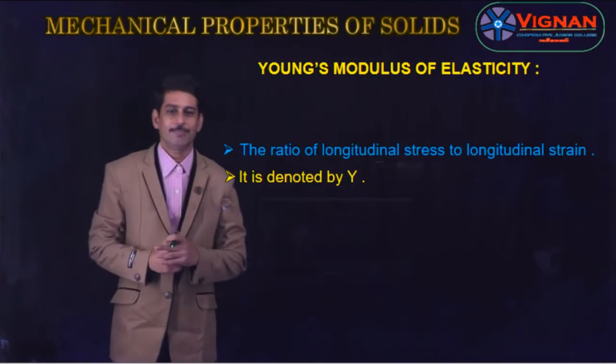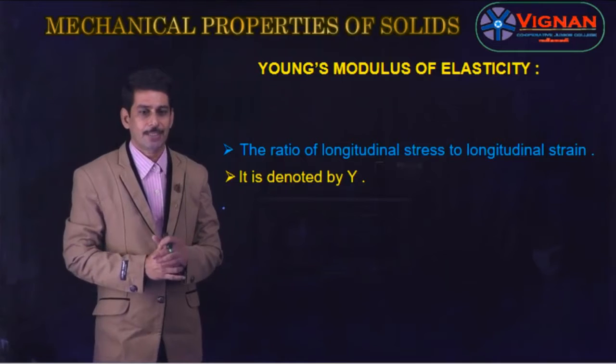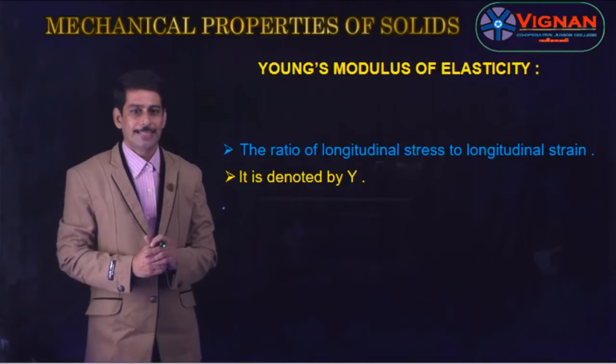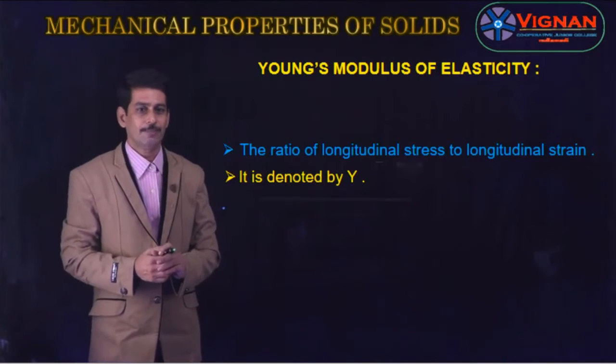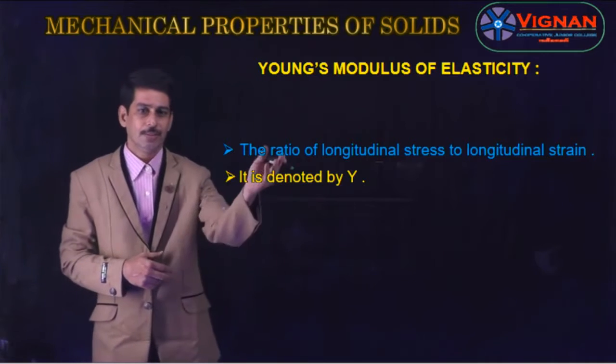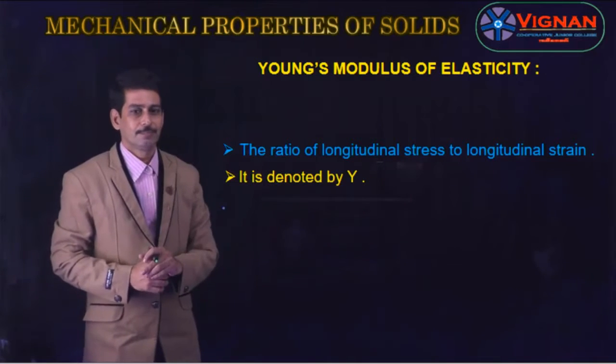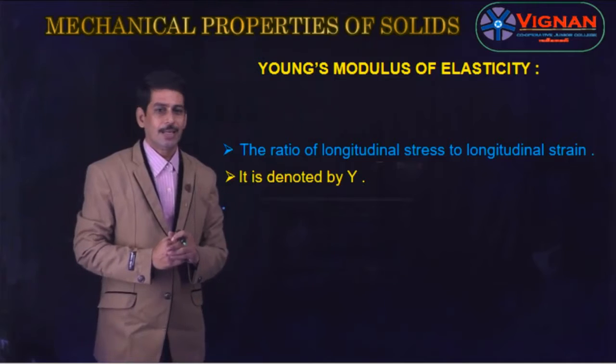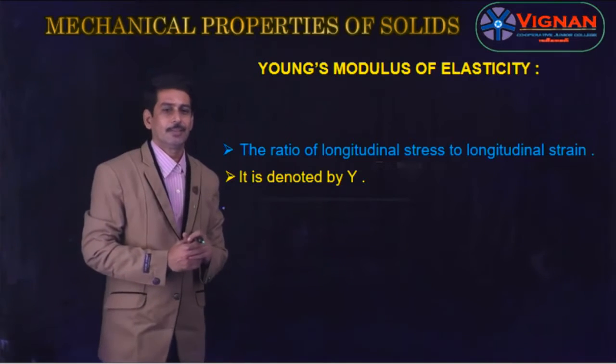The first type of modulus of elasticity is Young's modulus of elasticity, defined as the ratio of longitudinal stress to longitudinal strain, and it is denoted by Y. Or it can also be defined as the longitudinal stress acting per unit longitudinal strain.